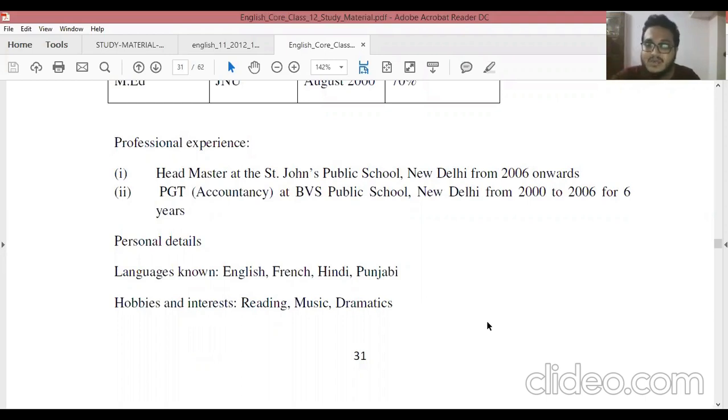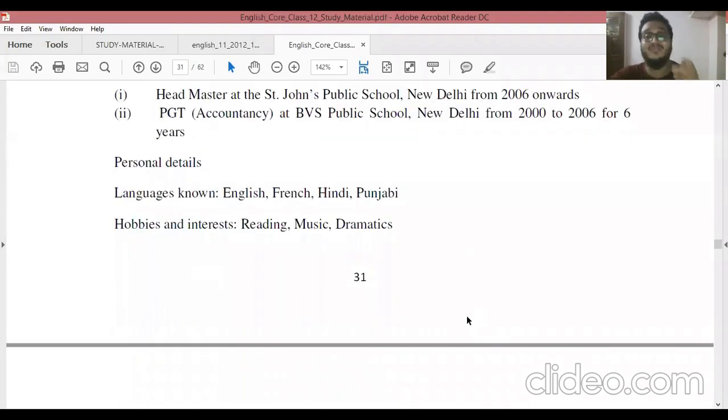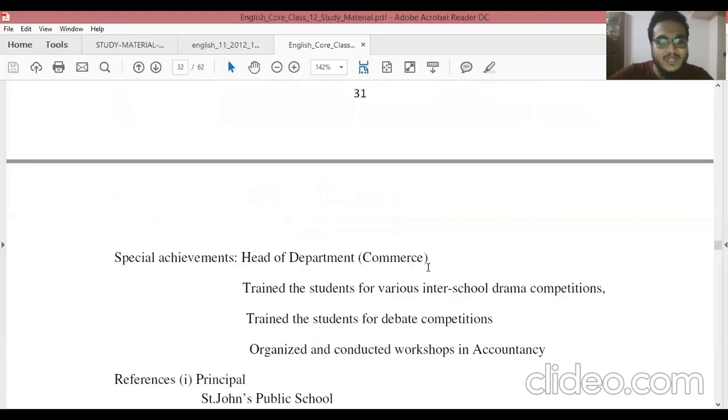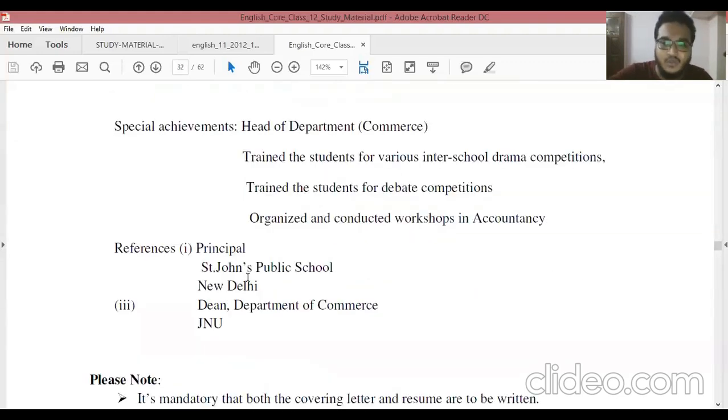Got it clear, students? You must not write this information vaguely. It should be factual, presenting the information as facts. You cannot write just anything, no, you'll be losing marks. Special achievements, two references should be mentioned.